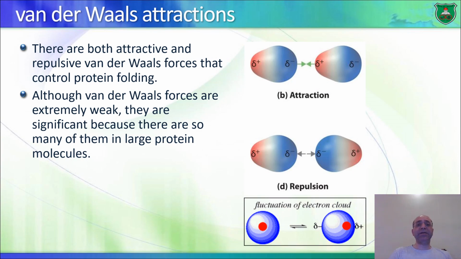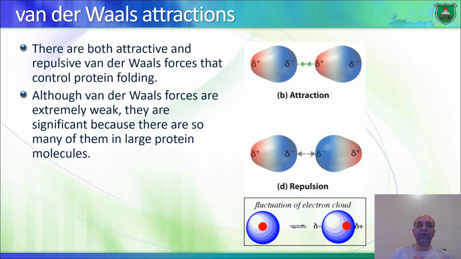Van der Waals interactions are really important, even though they are the weakest non-covalent forces, and they are the most transient, because they keep on changing. They depend on the position of electrons as electrons move around within the atom itself.